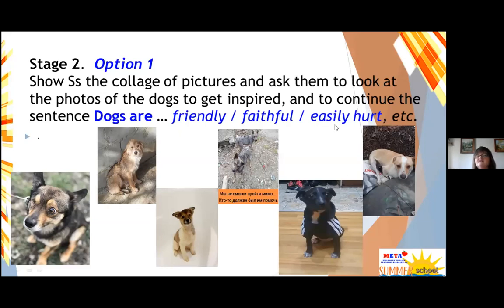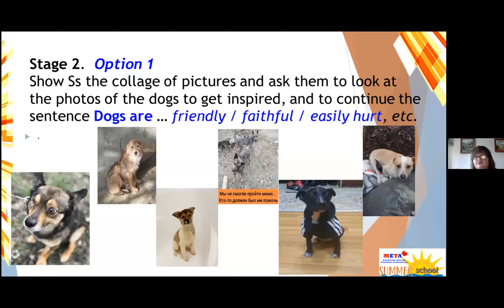Or dogs are easily hurt. We have an adjective and an adverb. Dogs are beautiful. Dogs are big. Dogs are small. Again, your students will come up with different words, depending on their language level. As I said, you can use this idea in different classes.